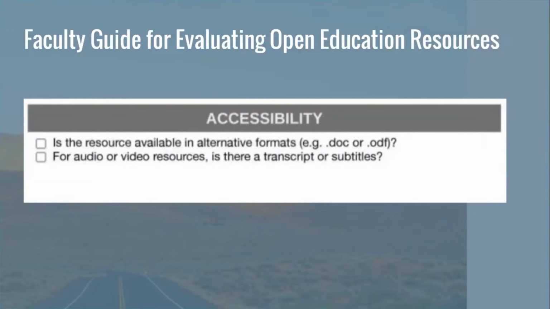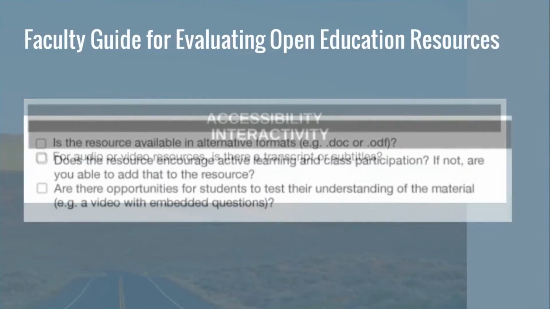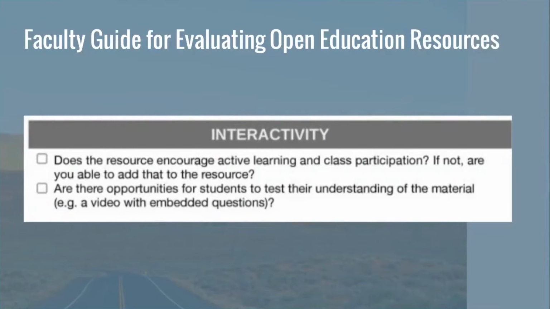Next is accessibility, where you have to make a judgment about issues like format of the resource. In case of video resources, you have to additionally check for the availability of transcripts or subtitles. Another important criteria is interactivity, where you have to test whether the resource encourages active learning and whether the learners are able to test their understanding of the material.